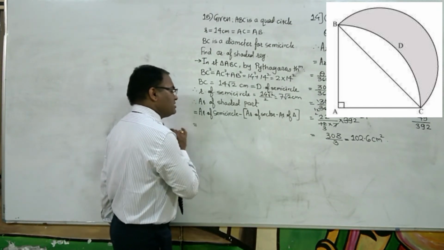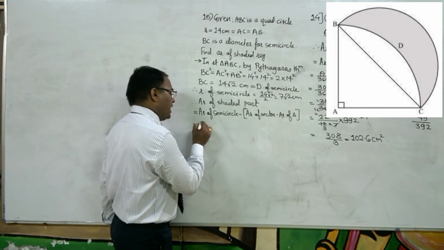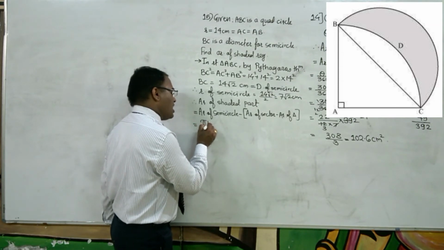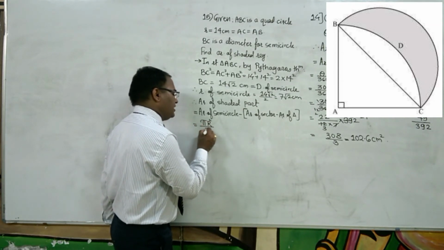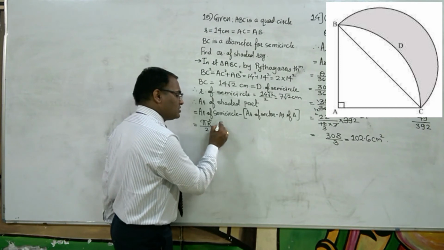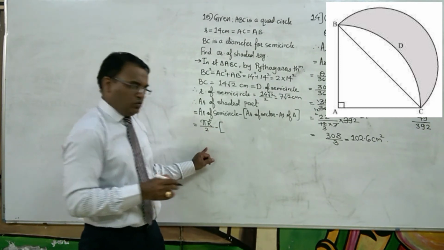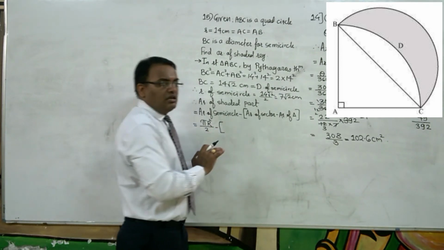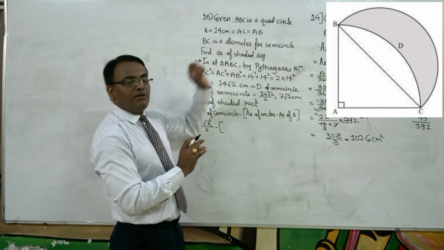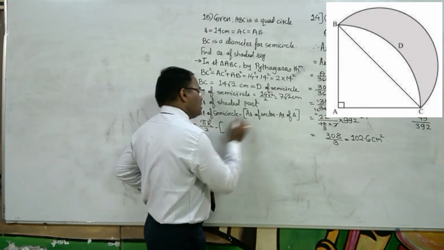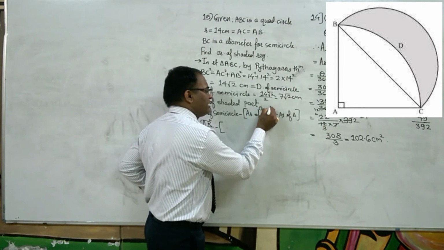Now area of semicircle is nothing but pi r square divided by 2, because it is a semicircle, that's why divided by 2. Now area of sector, which is nothing but a quadrant. Okay, so here you can write down quadrant sector also.